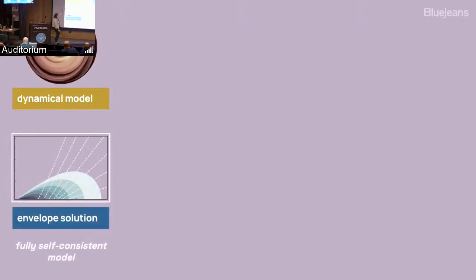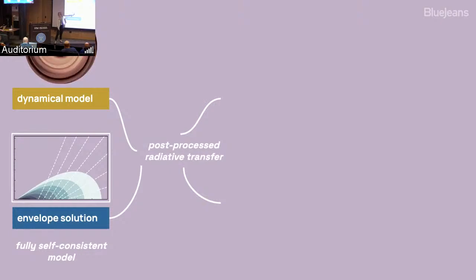And so what I really have been kind of doing a lot of, whether this is a foolhardy venture or not, is thinking about how we can take a dynamical model that I've run for many, many different cases, which has an envelope solution of the envelope that is causing the features exactly, and then it's fully self-consistent that way. I can shove it into some nicely post-processed radiative transfer code. This is RADMC, for anyone wondering.